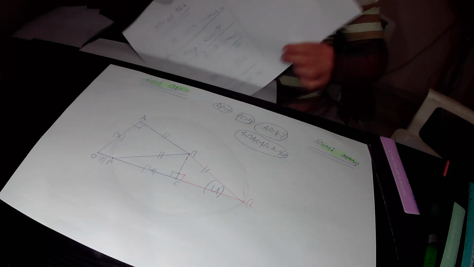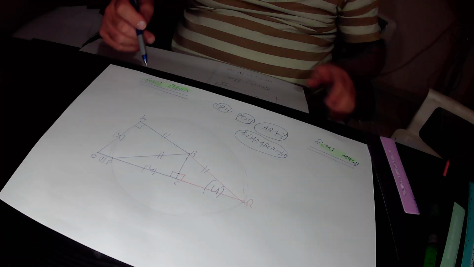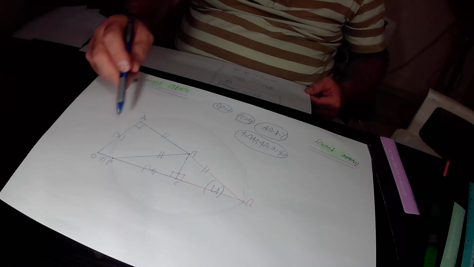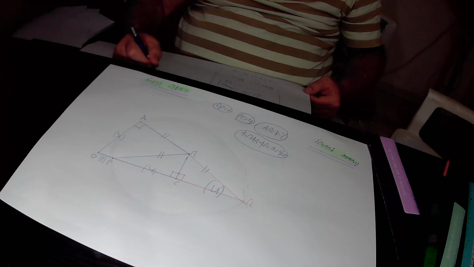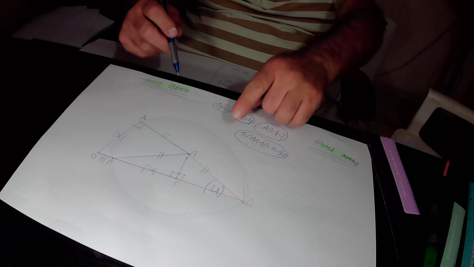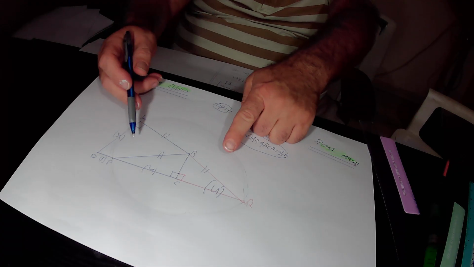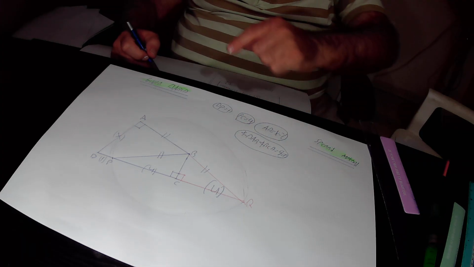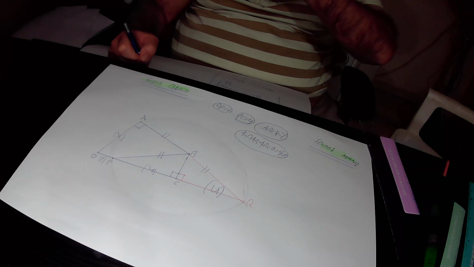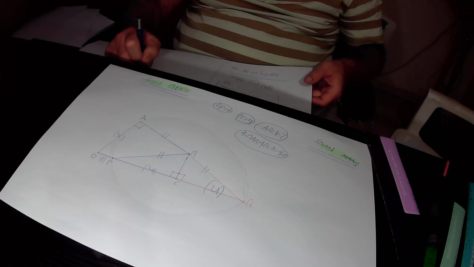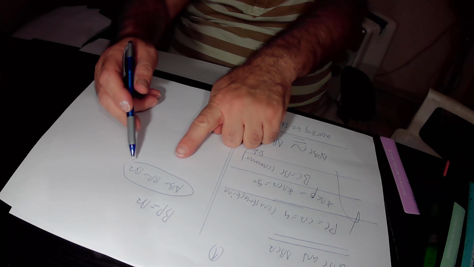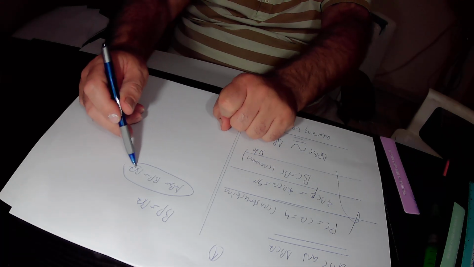Let's write it down: side AB equals side BP according to what is given in the question, and because BQ equals BP, it means that BQ equals BP equals BA. Okay, so now the three sides AB, BP, and BQ are equal to each other in their lengths.